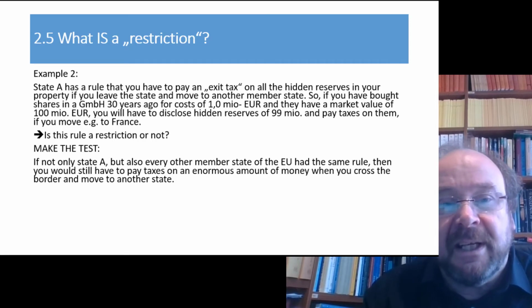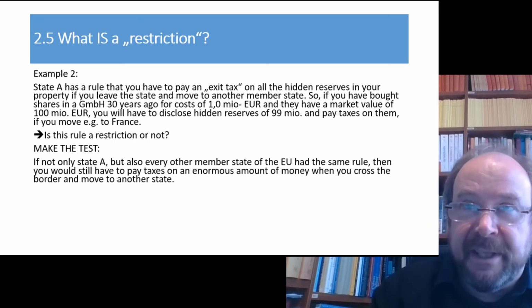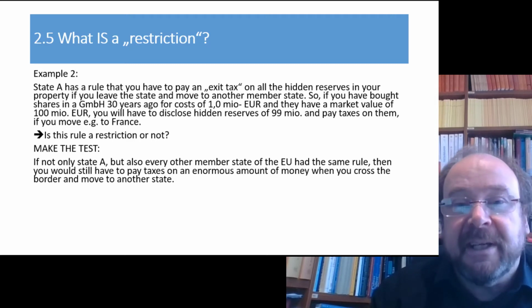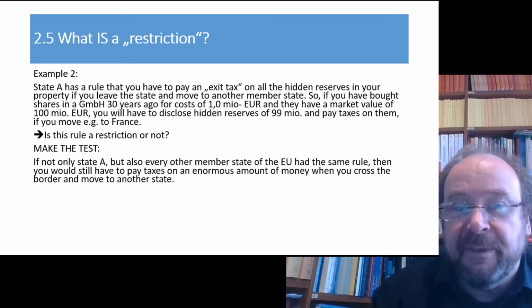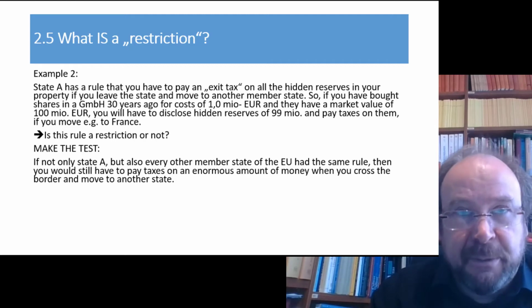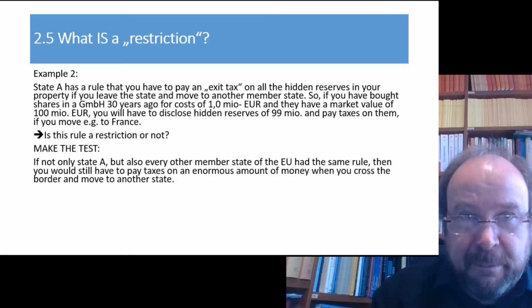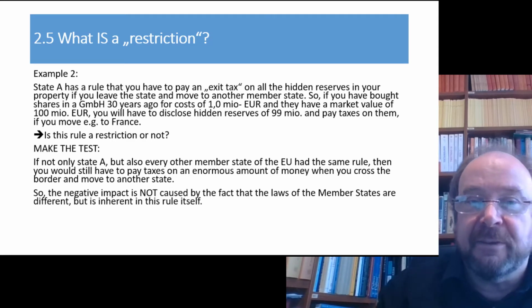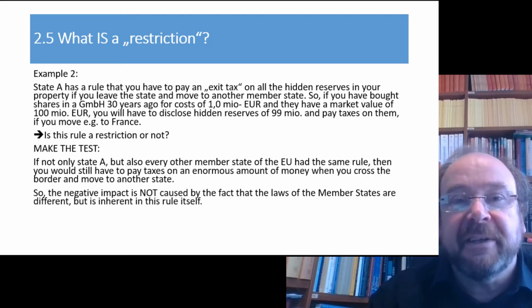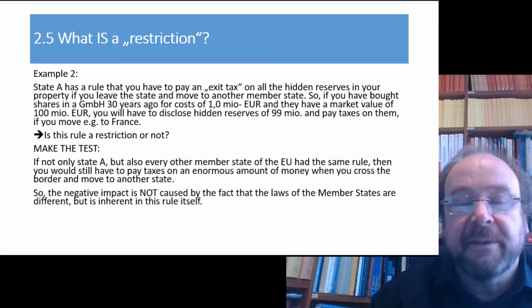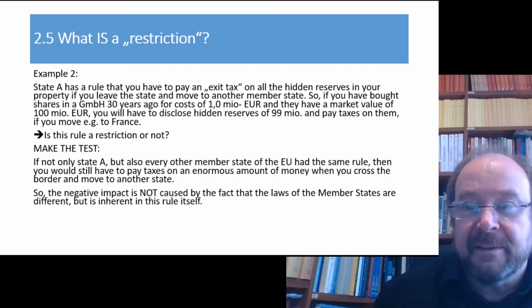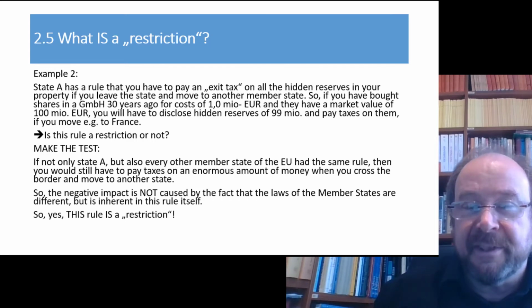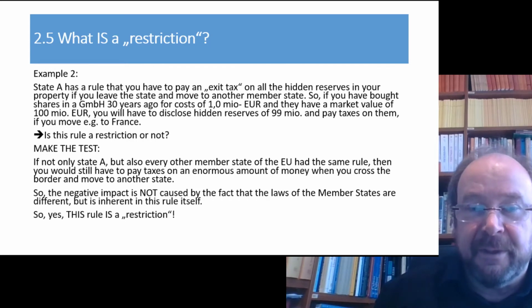You still have a problem posed by the exit tax. It doesn't change if everybody has the same rule. Then you have the same problem at each border, but you still have a problem. So the negative impact of that rule doesn't vanish if you imagine they all have the same rule. So this rule is clearly a restriction. This rule makes crossing a border less attractive or even hinders you.